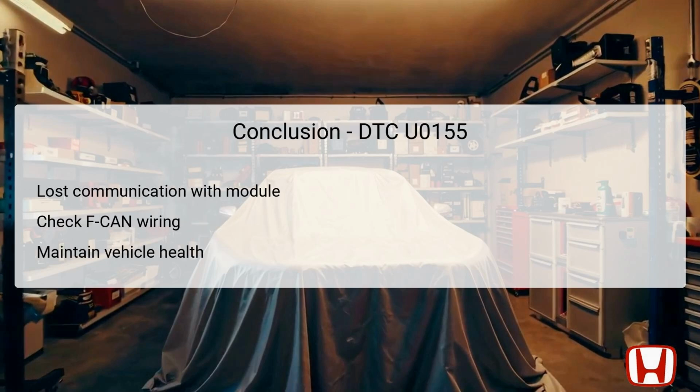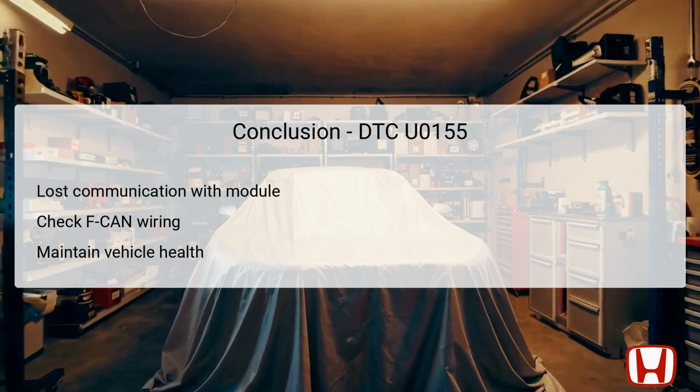In conclusion, DTC U0155 indicates a significant communication issue with the gauge control module, which can have various implications on vehicle performance. Diagnosing the problem involves a systematic approach, starting from checking battery voltage to ensuring the integrity of F-CAN wiring and validating the operation of the gauge control module.